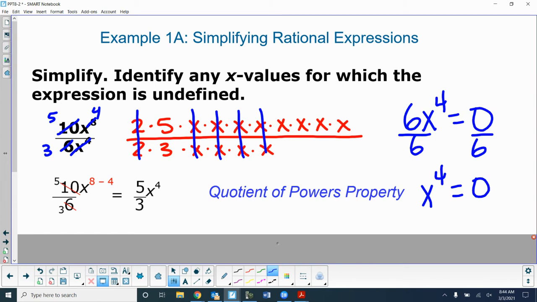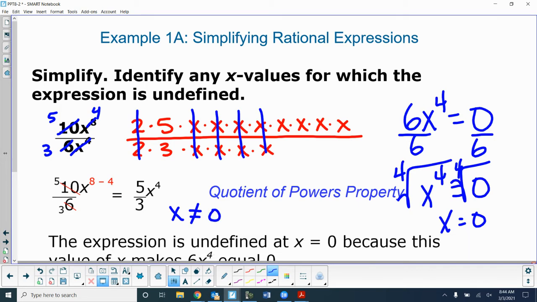So how do I get rid of the 4 exponent? What if it was a 2 exponent? What would I do? Square root. So it's a 4 exponent, I do 4th root. Well, any root of 0 is going to be what? 0. So the restriction for this is x cannot be 0.